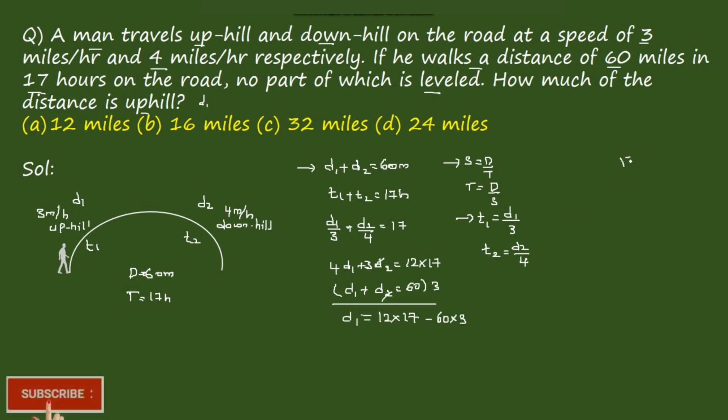Just multiply 17 with 12, which gets 204, minus 6 into 3, 18 becomes 180. Just substitute the values. Then you get 24. So the distance d1 is equal to 24 miles. So the answer is option D.